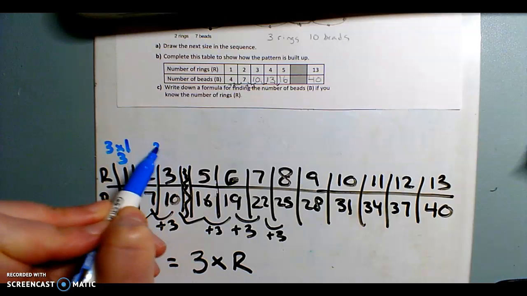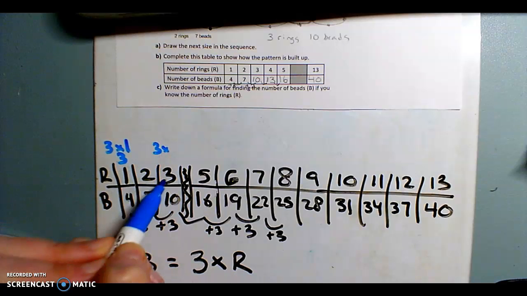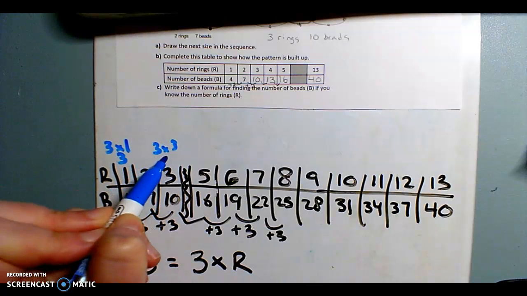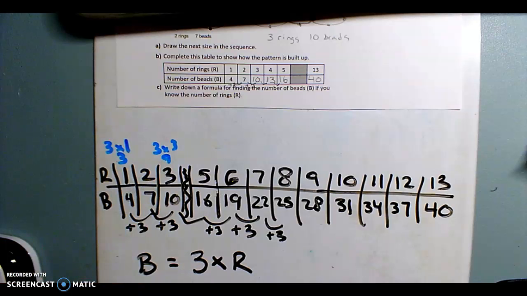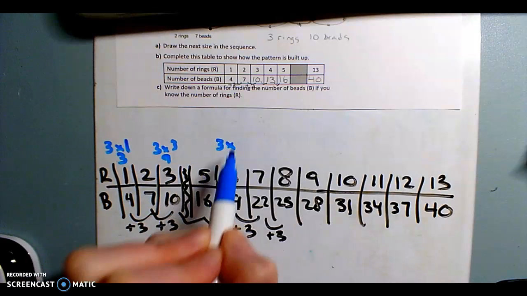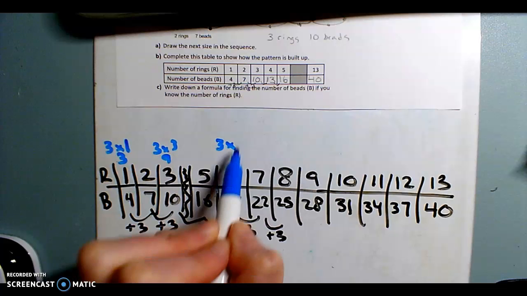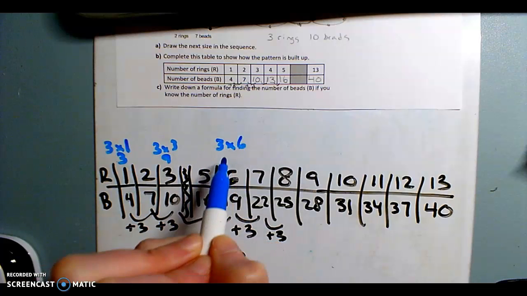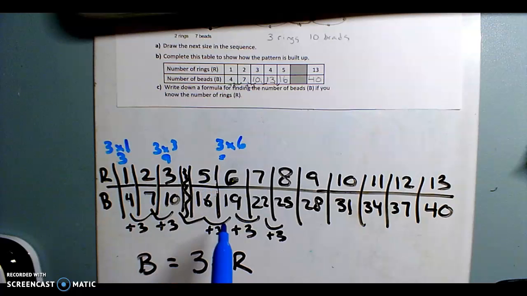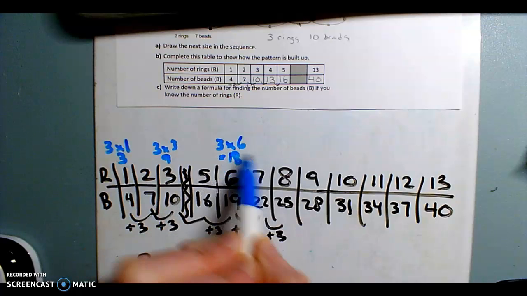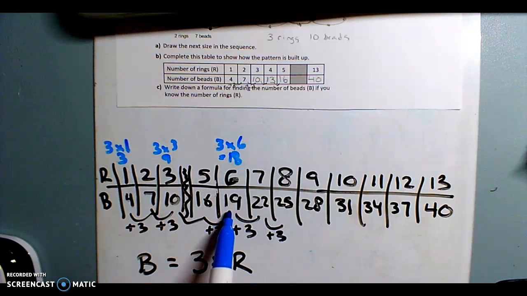If I take 3 and multiply it by the number of rings, which is 3, I get 9. But my answer was actually 10. Let's do another one. If I take 3 and multiply it by the number of rings that we have, 6, I get, in total, 18. But my actual answer was 19.